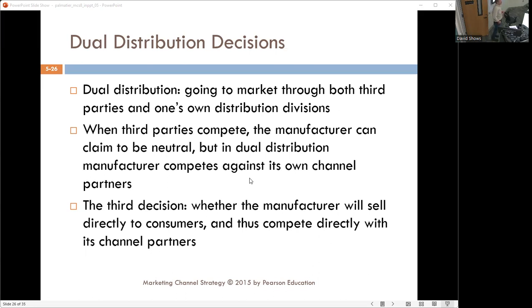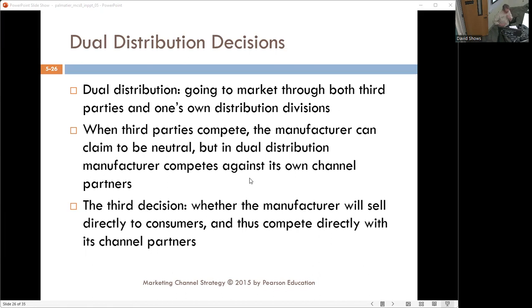The manufacturer has a skin in the game. The manufacturer is now a partner. They're a player. And naturally, you feel like those individuals will be given greater preference.